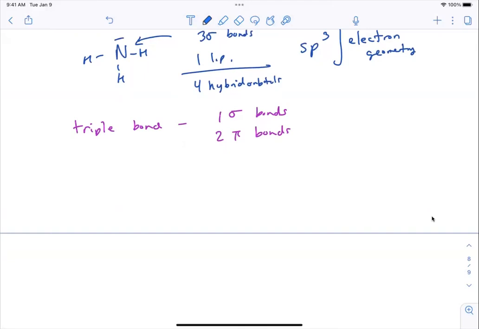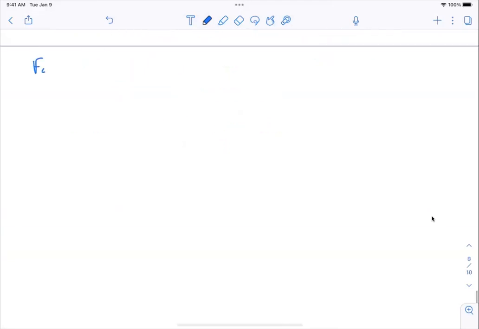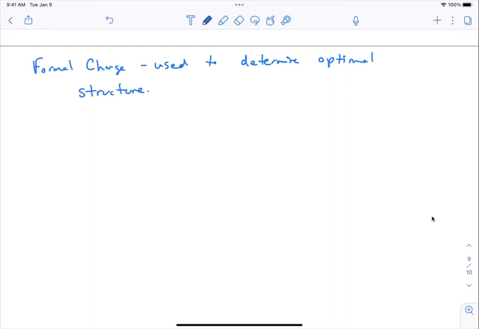Okay. Formal charge really quickly. Sorry, we're going over, but I'm just going to do this. Formal charge is used to determine the optimal structure of a Lewis structure, because sometimes you have more than one place you can put a double bond, and that affects the Lewis electron distribution, and you have to figure out which one's the ideal.